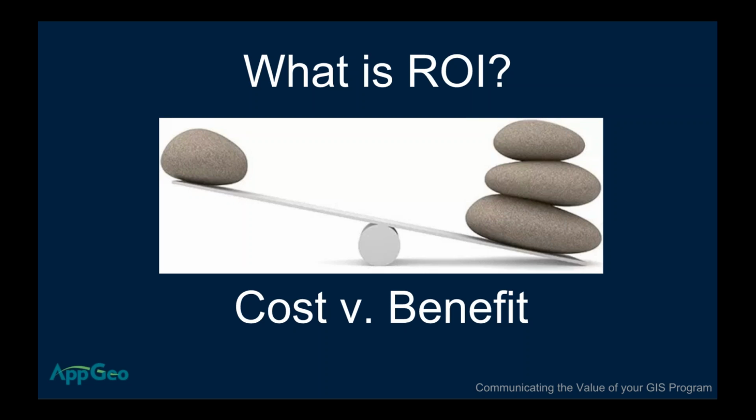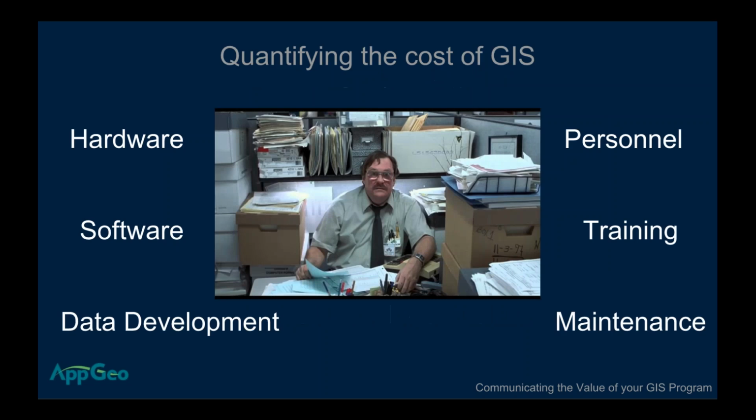An ROI study can be done as a formal process by a consultant. We'll describe an example of this later on. It's often the case, perhaps at the state level when millions of dollars are being invested. But it can also be done simply by any of you, and we're going to give you a quick peek into some of that process.